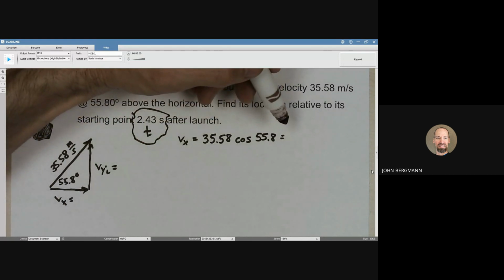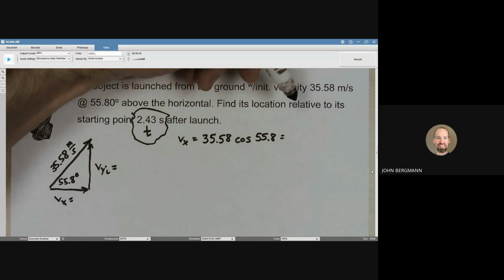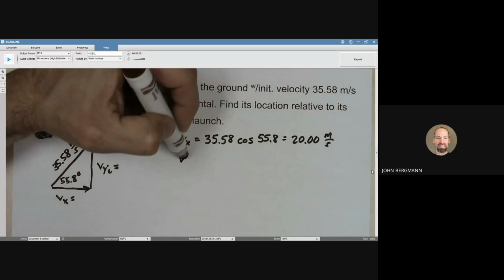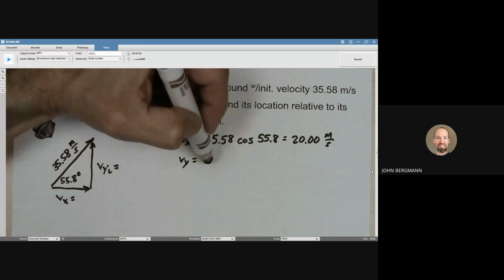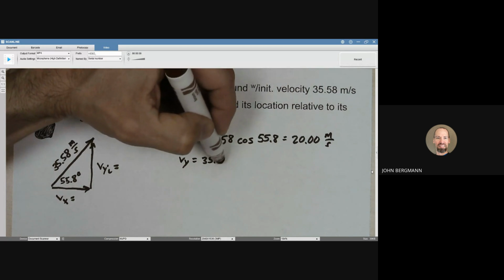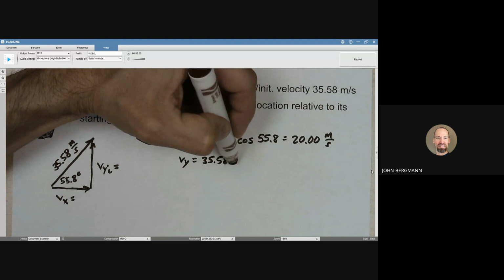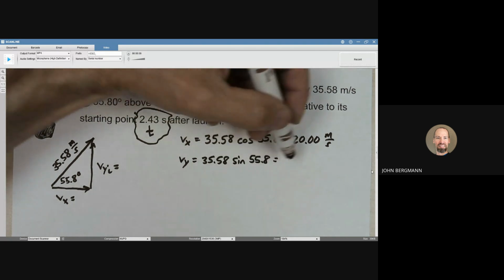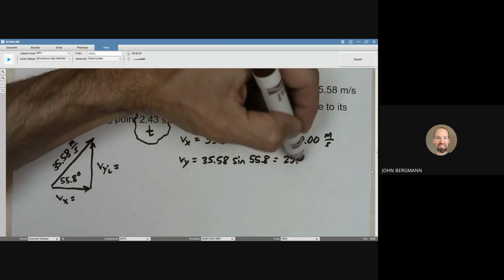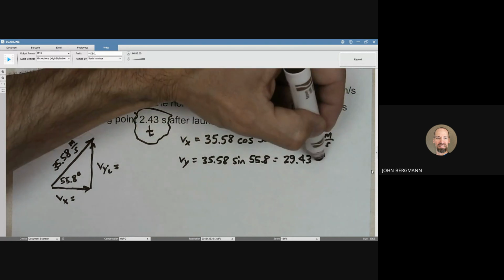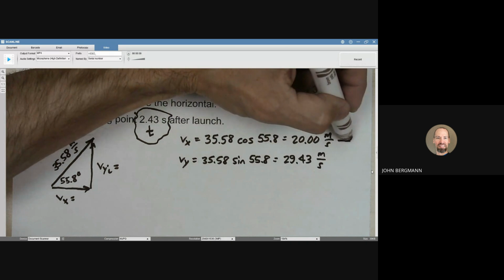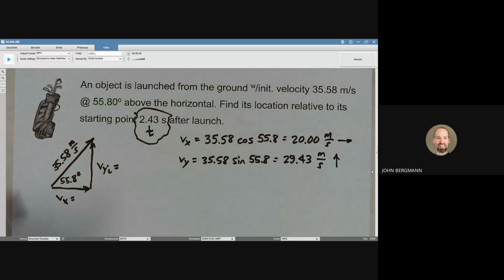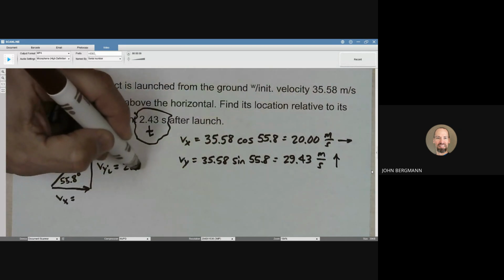And when we do that, that's going to come out to be 20 meters per second, Vx. Vy is going to be the hypotenuse times the sine of 55.8, and that comes out to be 29.43 meters per second. The 20 meters per second is horizontal. The 29.43 is vertical. I'm going to write those into the sketch right here.